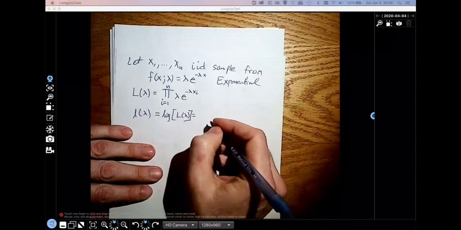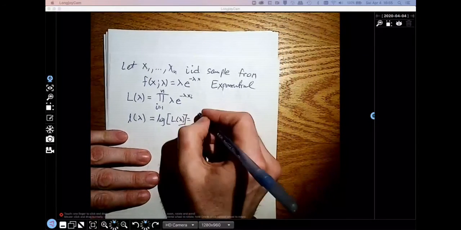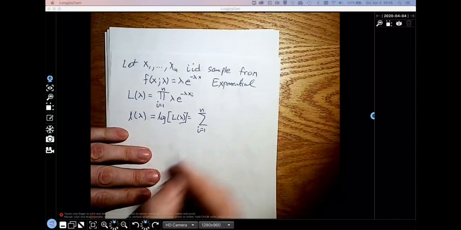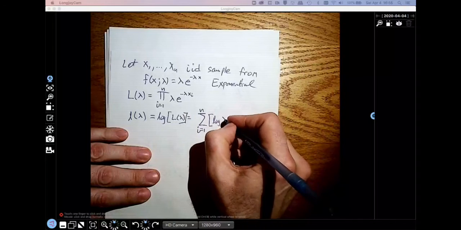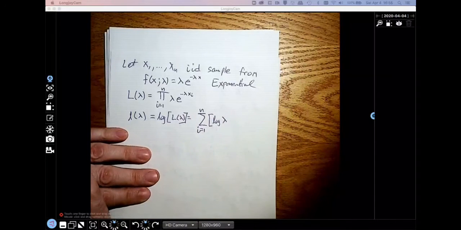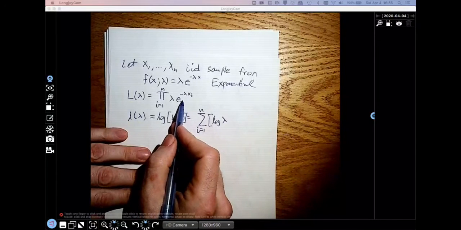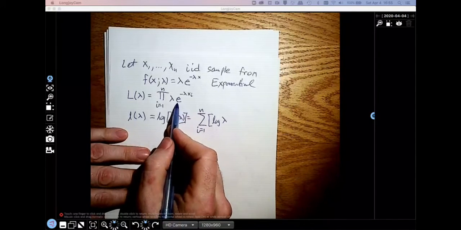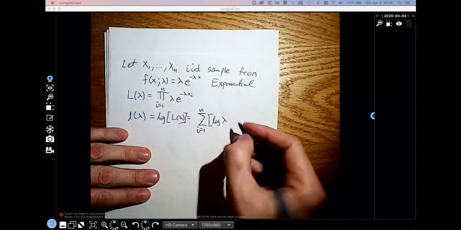And this is equal to the sum, i equals 1 to n, and I have the log of lambda, so that's that first term, plus the log of the second term. So notice I have the log of e to something, so that's just whatever that exponent is.